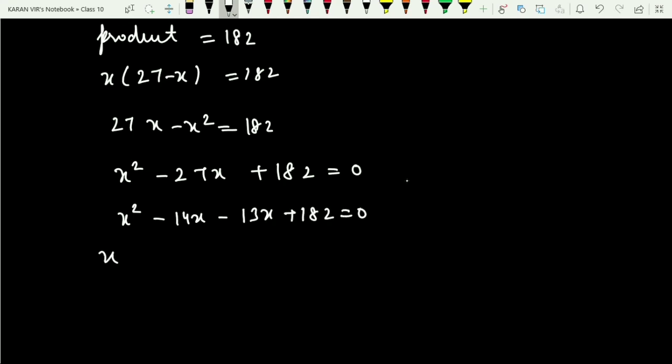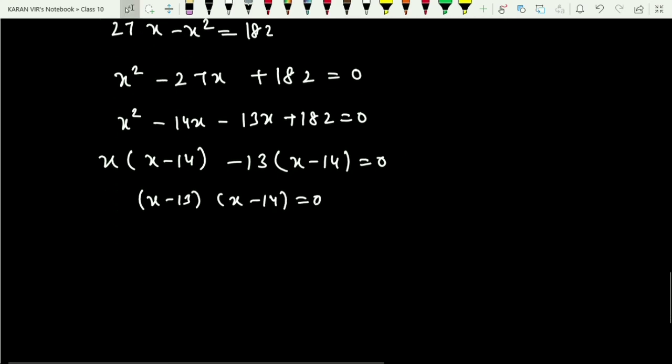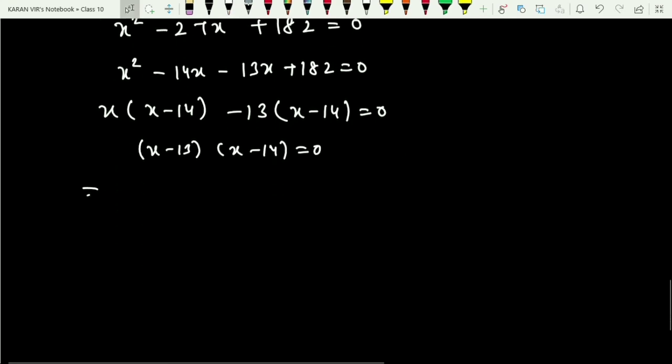From the first two terms take x common, so this will be (x minus 14), and similarly from the next two terms take 13 common, so this will be again (x minus 14). So the two factors are (x minus 13) into (x minus 14). So this implies either x is 14 or x is 13.